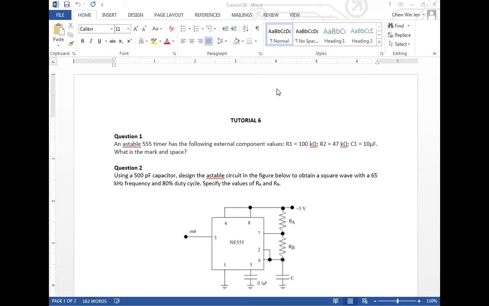The only two formulas that were given that day were frequency and duty cycle. So how do we use these two pieces of information? For R1, R2, and C1, this refers back to the image in the lecture slides.